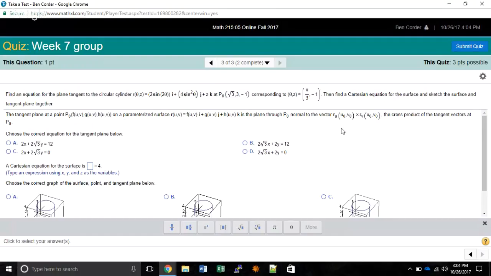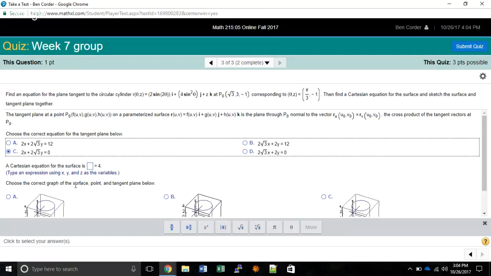And then I do have 0 in the z position, so it probably is C. That's what I'm thinking. 2x plus 2 root 3 y equals 0. I don't know why I have a negative, but it's probably that. That's what I'm thinking too, because I also have a 0. Where would the 12 have come from? I don't know. I don't know. Use this. That's it.